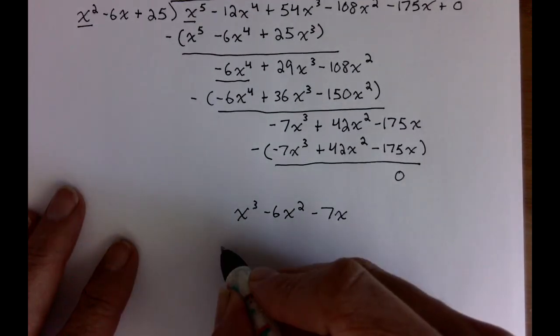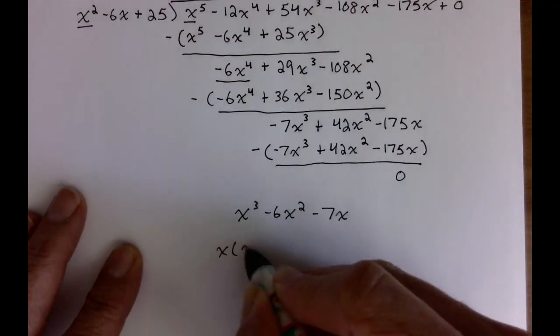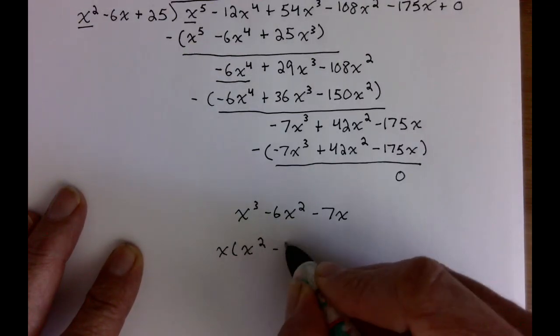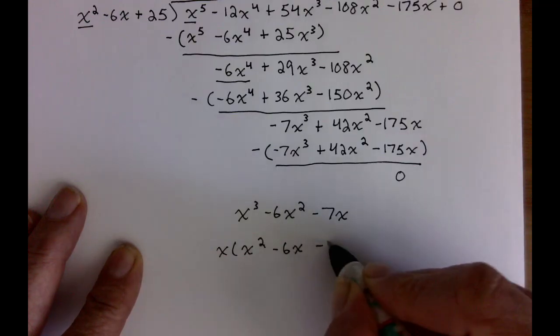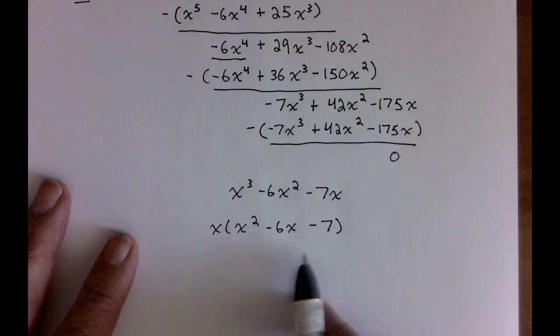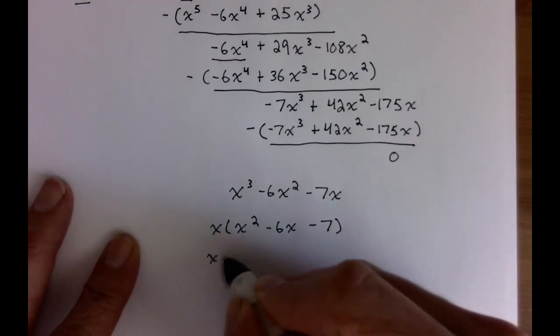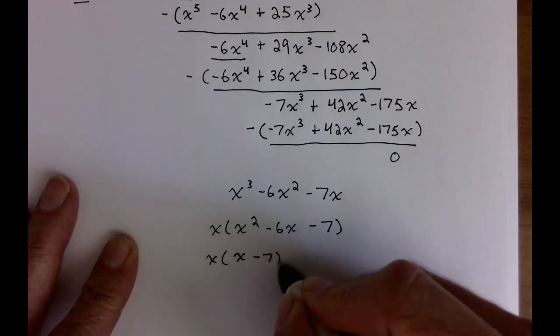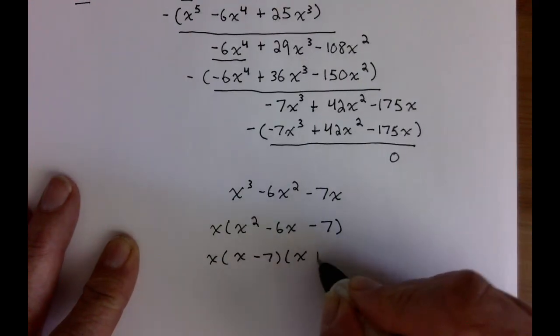I can just pull an x out, and I'll get x squared minus 6x minus 7. And now I can factor that part right there. So that would be, let's see, x minus 7 times x plus 1.